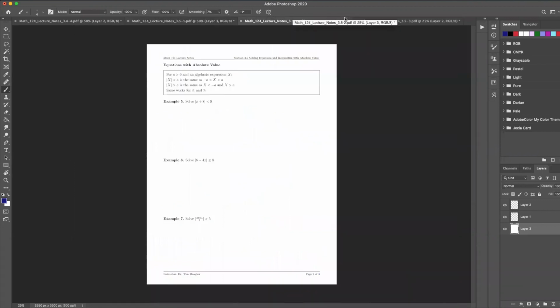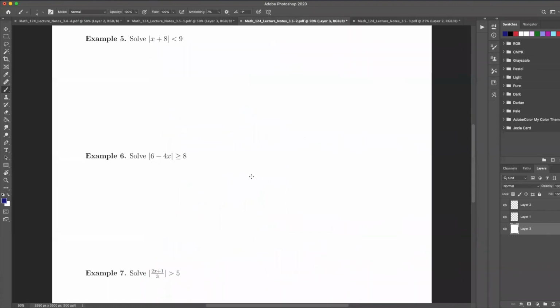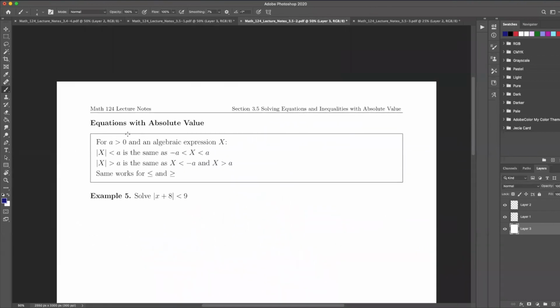All right, so the next one. The inequalities get a little bit more interesting, but not that interesting, right? So if I'm still assuming my a is positive, I have an algebraic expression of x. If the absolute value of x is less than a, where a is still positive, it's the same thing as x is between negative a and a. And if it's greater than a, that means the expression was less than minus a or greater than positive a.